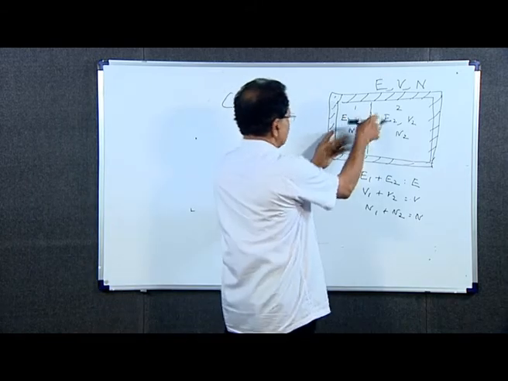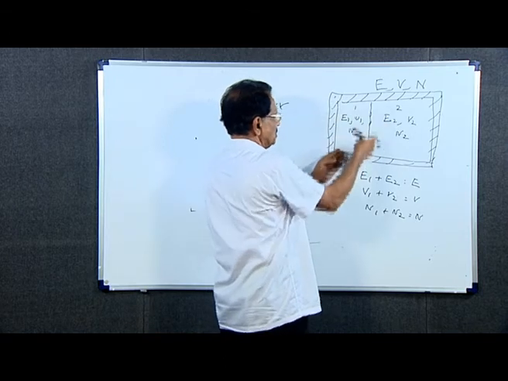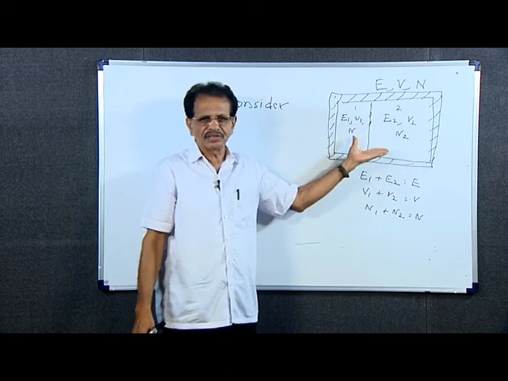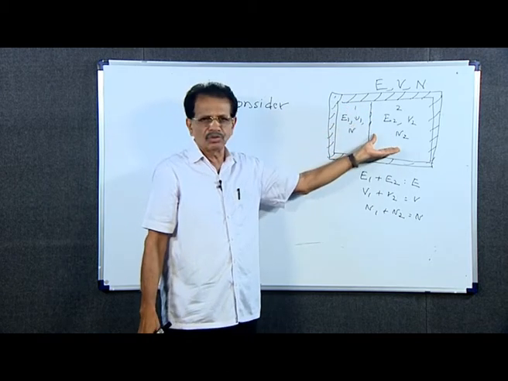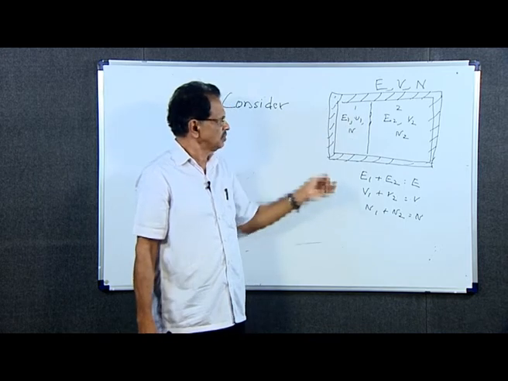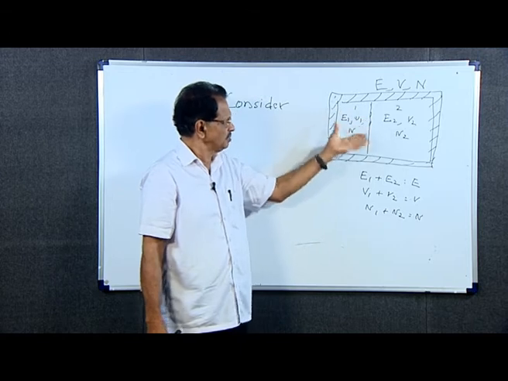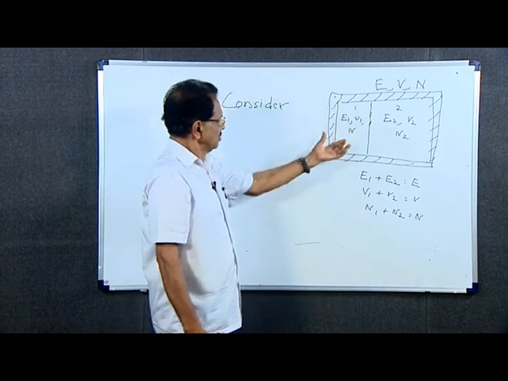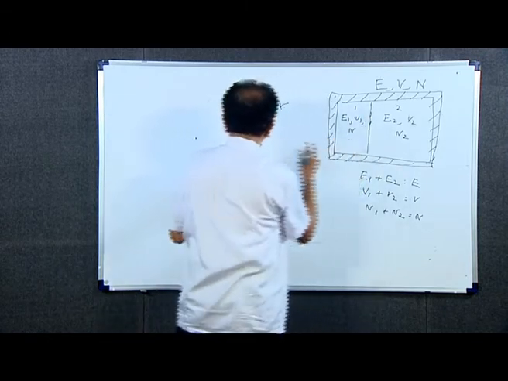There can be energy differences, so energy exchange has to take place. Suppose this separation is permeable for energy transfer, energy will transfer from region 1 to region 2 or vice versa, depending on the distribution or changes in the temperature. So energy transfer will take place from region 1 to region 2. So let us see what is the statistical weight of the total system.